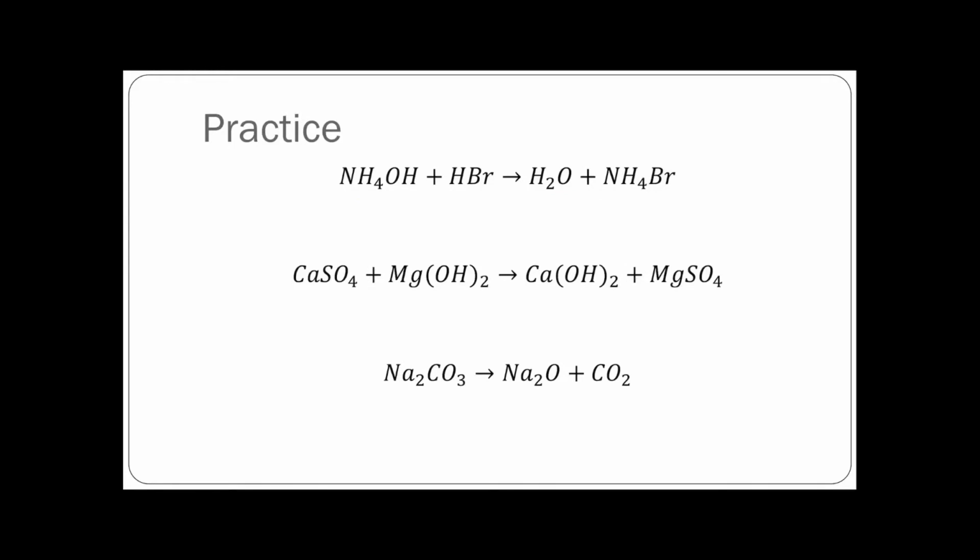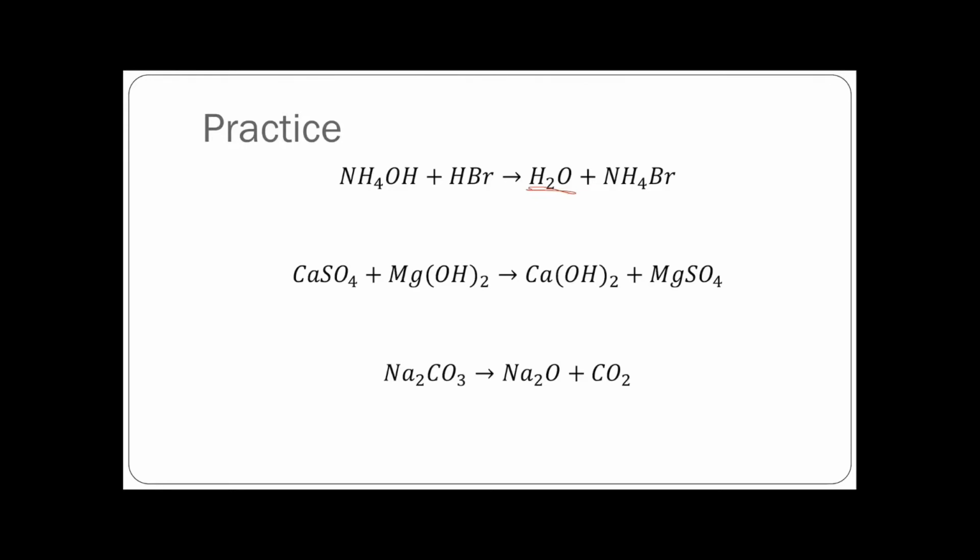Now we've got NH4OH plus HBr, which makes H2O plus NH4Br. Okay, we have water in our product, but I don't see carbon dioxide. So the only other equation that we had that had water in the product was neutralization.